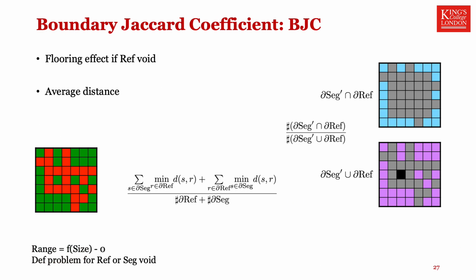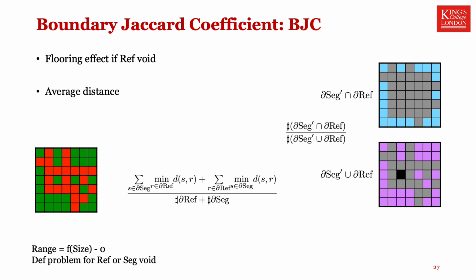And this is the last one on the distance again, where you are again looking at the boundary, and the boundary Jaccard here, by calculating the ratio between the number of samples that belong to the joint edges divided by the union of the borders.